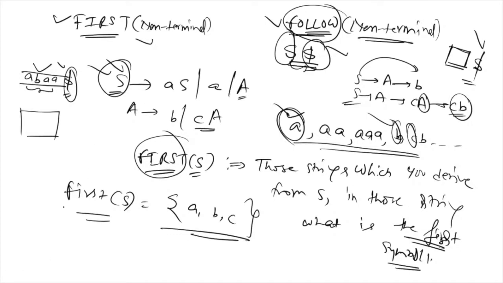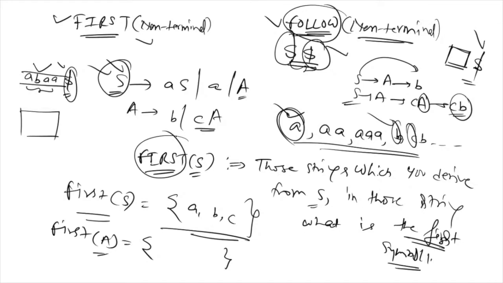So right now for this example, let's find out what is first of A. Let's complete this example. First of A means, in the same way as in this definition, those strings which we can derive from symbol A. From this symbol A, what are the strings that you can derive? In those strings, what is the first symbol?